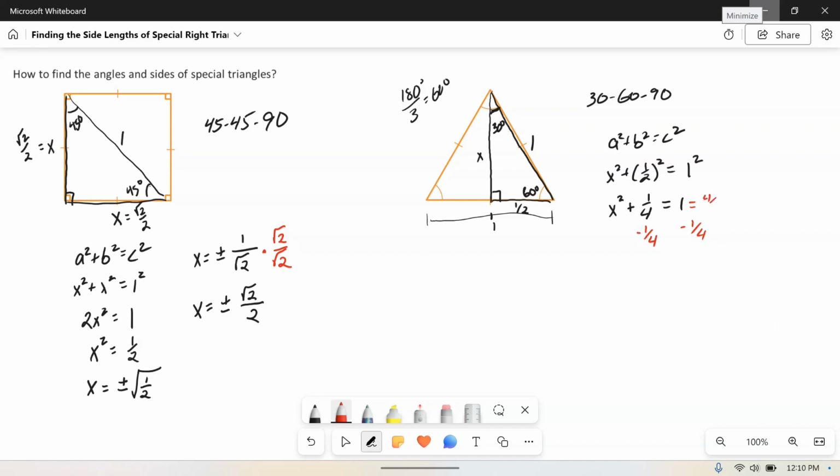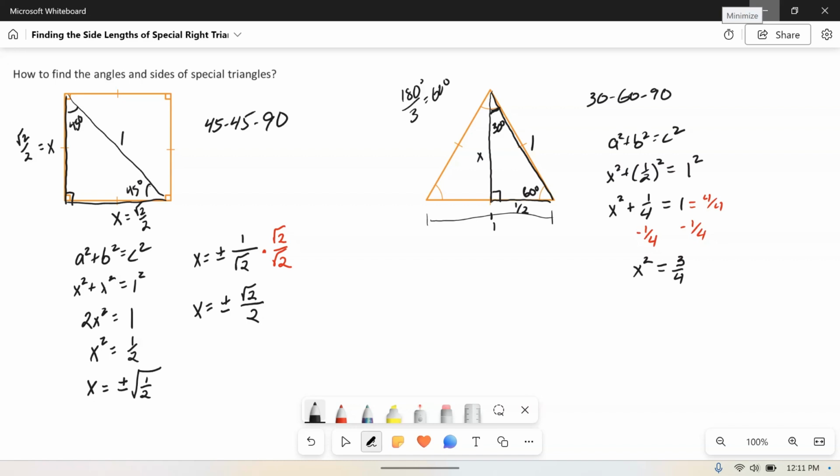So 1 would really be 4/4. So when we subtract this 1/4 from the other side, we're still left with an x squared on the left side. And on the right side, we're going to have 4/4 minus 1/4. And that leaves us with 3/4, right? We just subtract the numerators. So 4 minus 1 is 3.